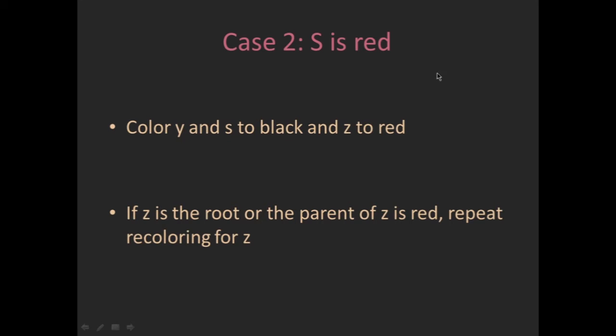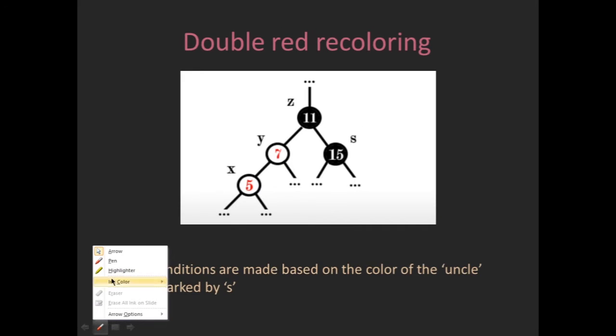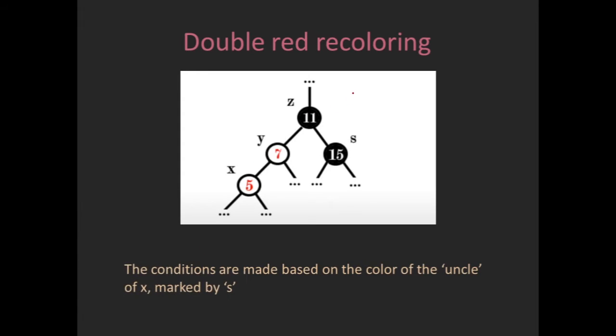Okay, so let us consider the second case when the uncle is red. In this example, let us consider that the uncle was red. Let me just write R over here to signify that this node was red. So now this is the double red condition that we have reached, and we have to fix this.